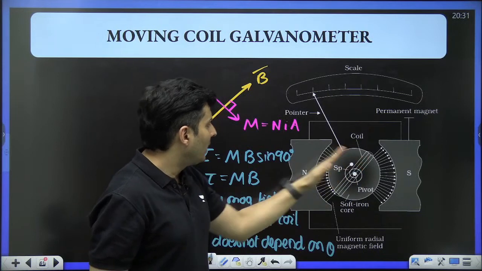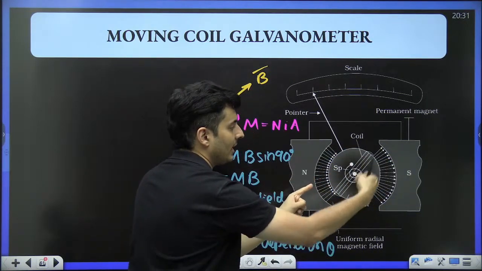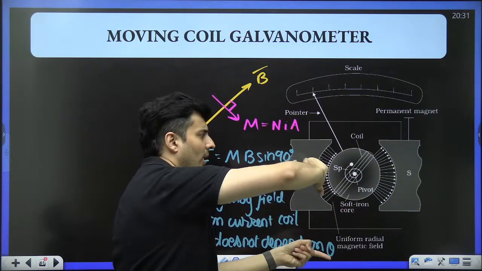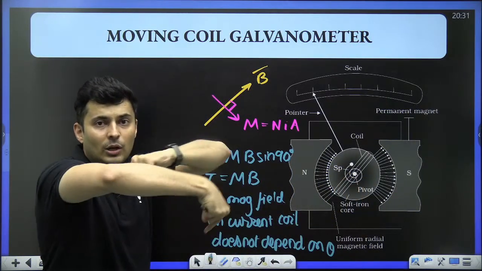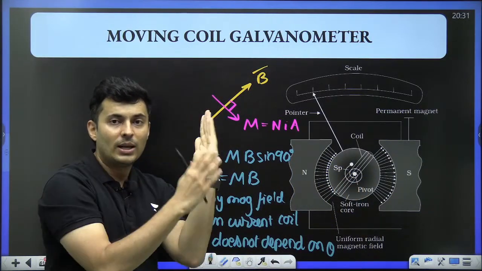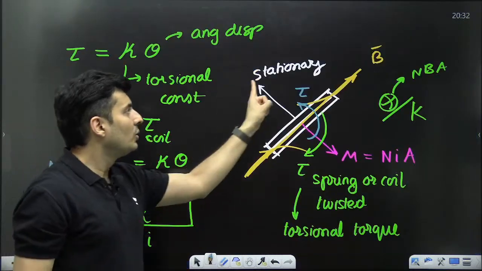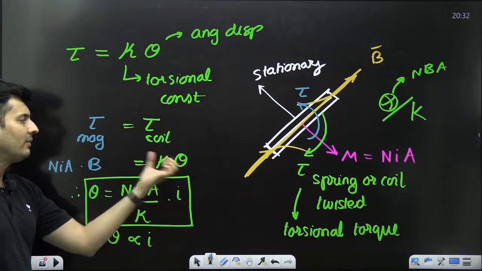The torque produced by this field on the current will try to rotate it in some direction, but it is opposed by the spring inside. The spring creates an opposite torque and balances it to maintain the position. That's why you get a unique reading for every value of current. If you change current, you will get a different theta.